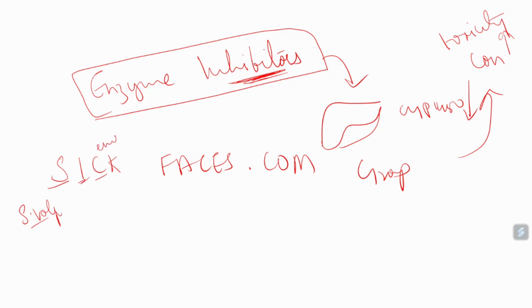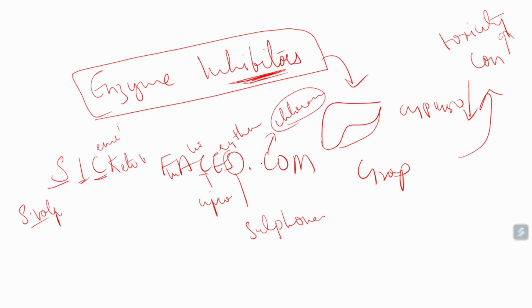C cimetidine. K ketoconazole. F fluconazole. A again alcohol. C ciprofloxacin. E erythromycin. S, here we have sulfonamides, not sulfonylurea. Sulfonylurea will come in enzyme inducers. And again, one C is cimetidine, C ciprofloxacin, and this C is chloramphenicol. Anyways, we do not use chloramphenicol, which is a very, very strong enzyme inhibitor.